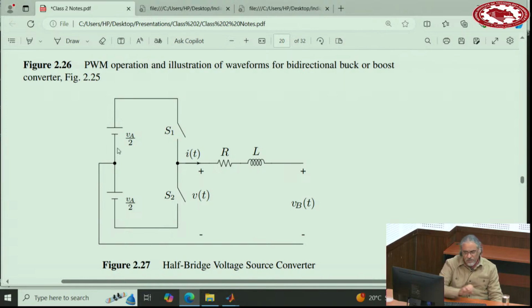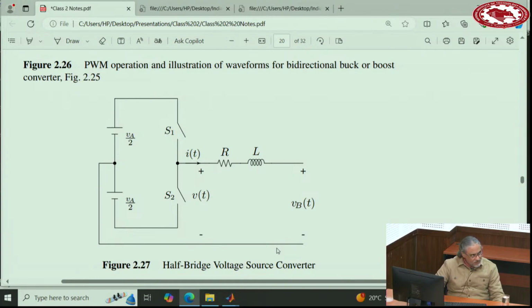The only modification is that the voltage on the A side is broken down into two half voltages, and from the middle point we take a tap, and this is used as the ground, so to speak. So VA is on this side, VB is on this side.